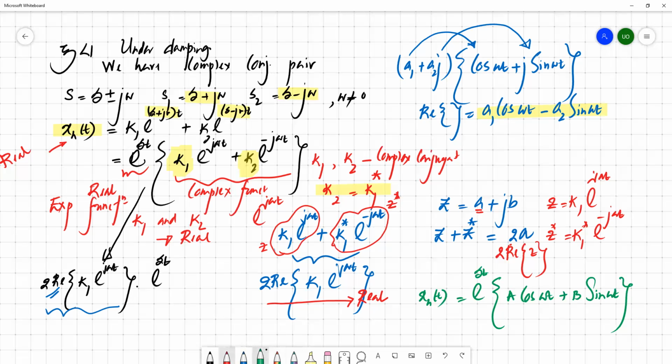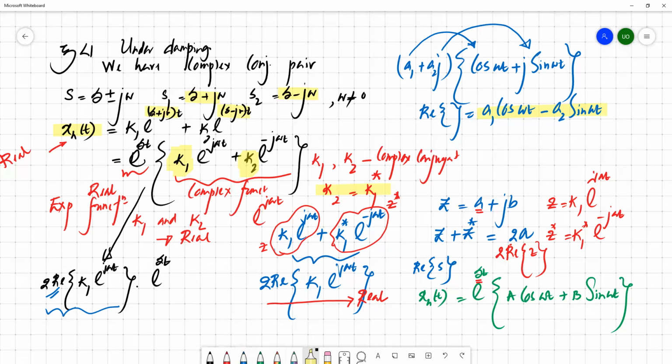So what about sigma? This is the real part of s. We found that the roots are complex conjugates, so sigma represents the real part.